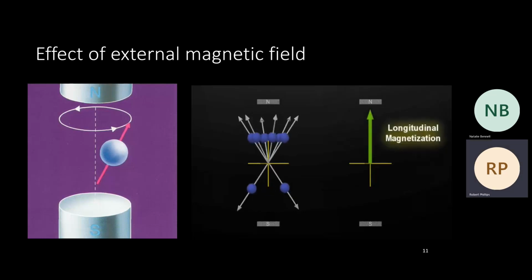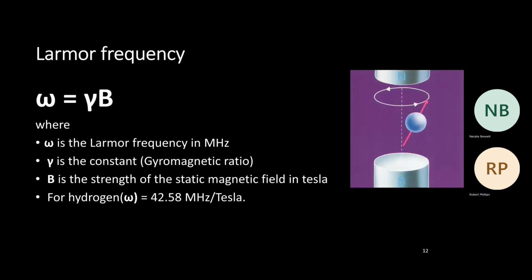So this is our longitudinal magnetization. And this movement, this transfer momentum, the frequency of this depends upon the strength of the external magnet, which is B over here.